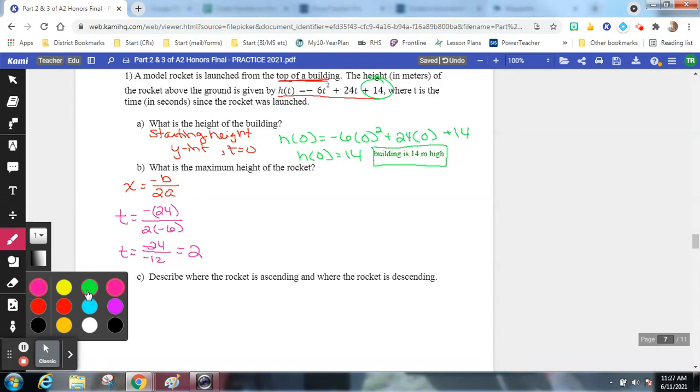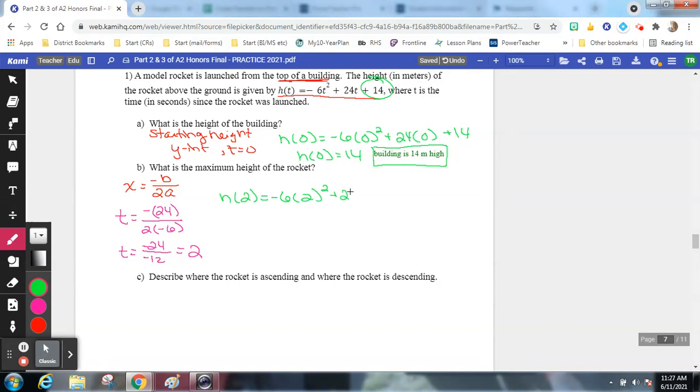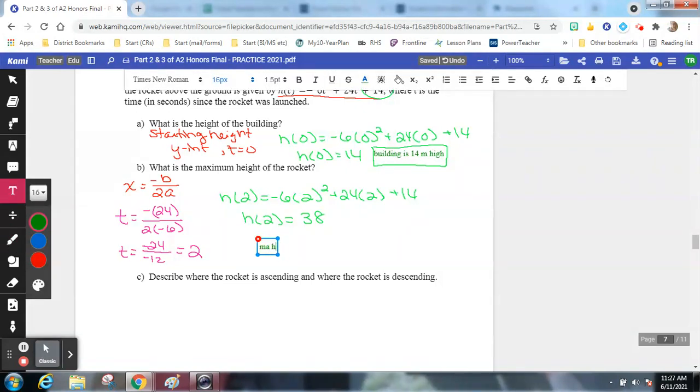Then all you're going to do is take that time and plug it into your equation. So you put in 2 for all your t's. And that's just a matter of putting it in your calculator, and you'll find that the height after 2 seconds is 38. So the maximum height is 38 meters.